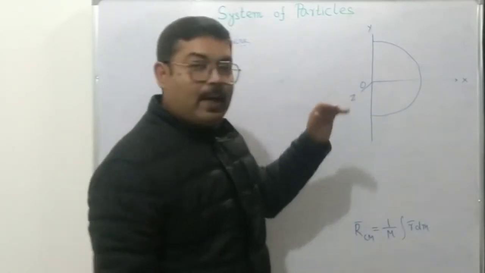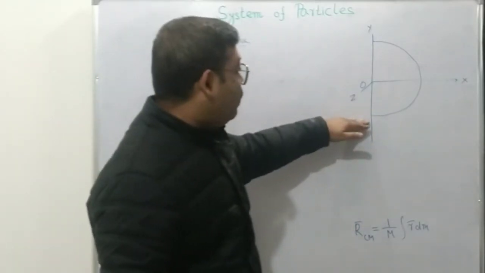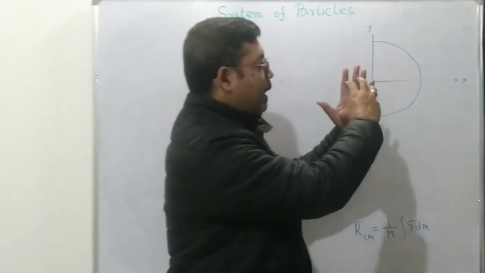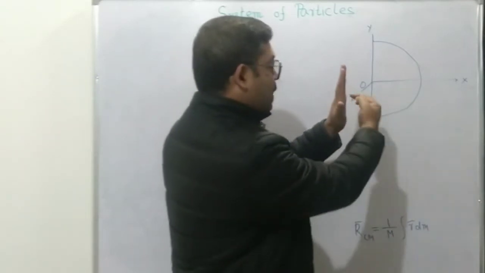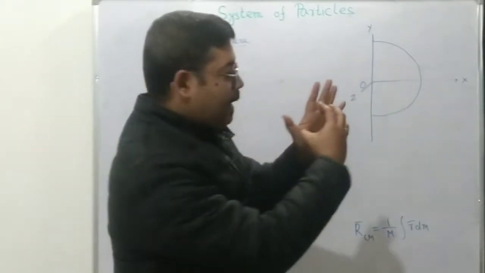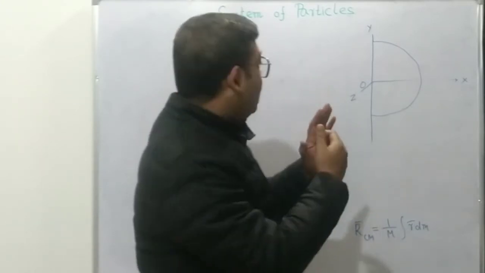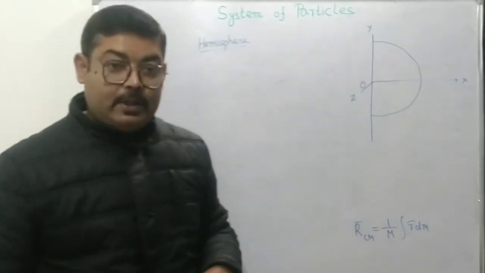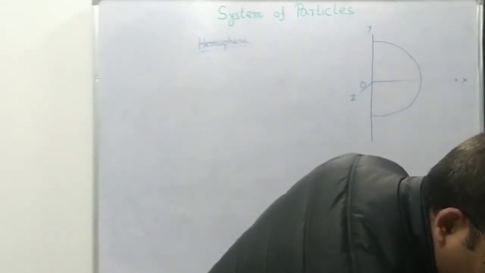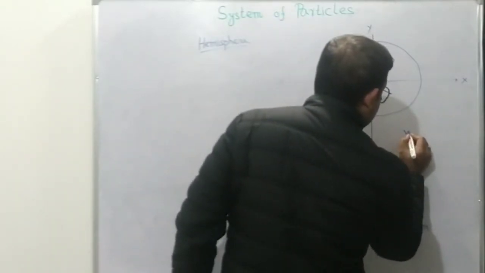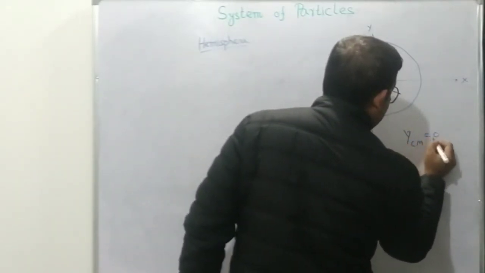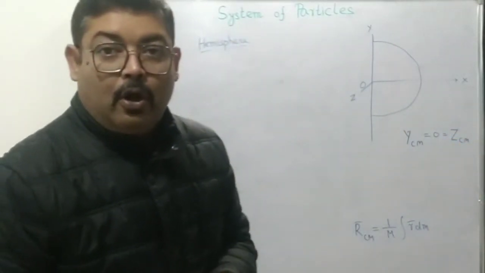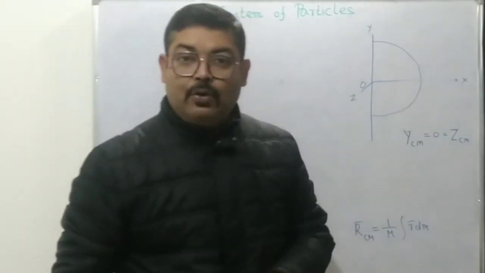We can also find it by integrating from minus r, where r is the radius, to plus r with respect to y. Also, for the z-axis, the axis coming out, again because of the symmetry of the hemisphere, the z coordinate will also be 0, which means we can write y cm equal to 0 equal to z cm. So y and z coordinates are 0. The only thing we need to find is the x coordinate.